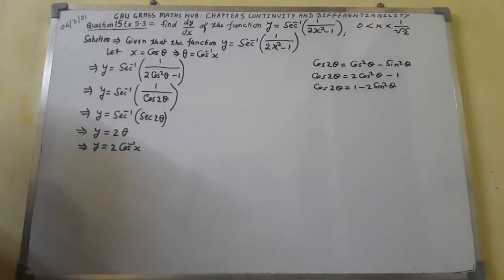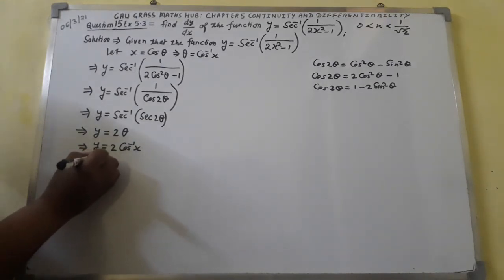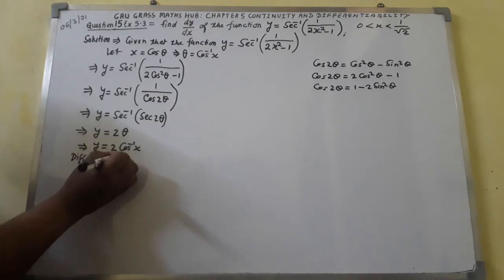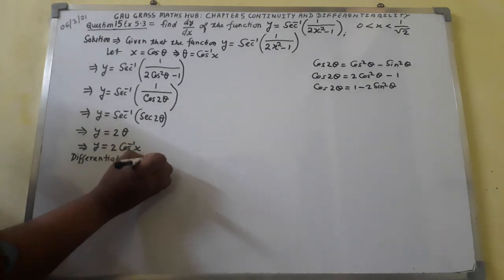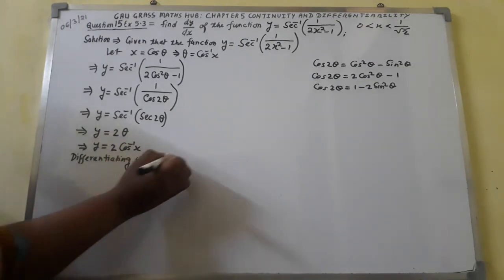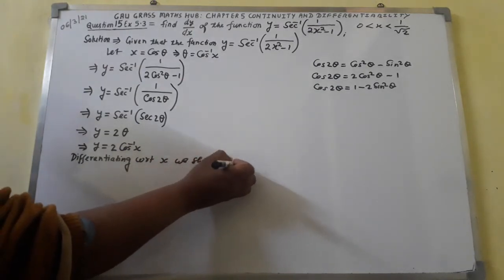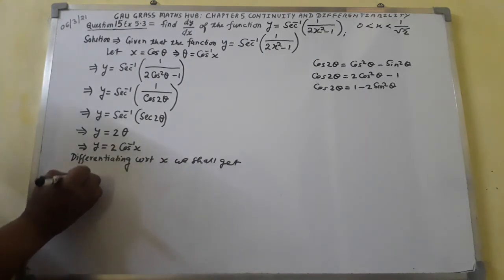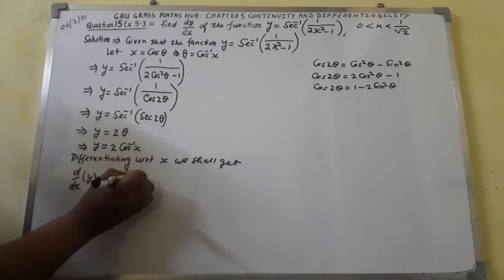Now differentiating with respect to x, we shall get d over dx of y equal to d over dx of 2 cos inverse x.